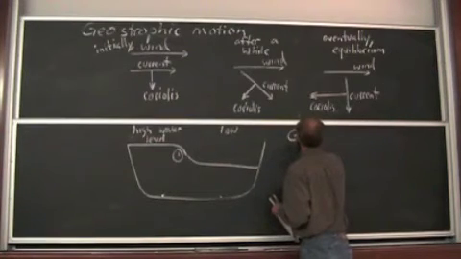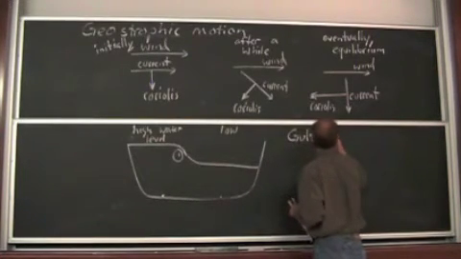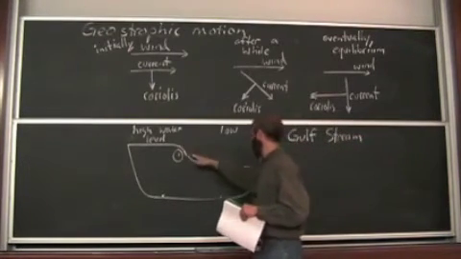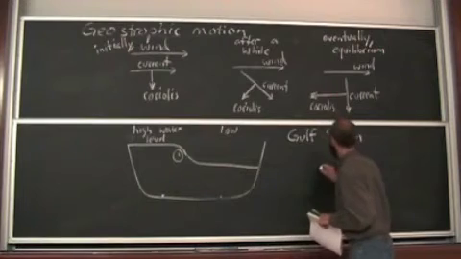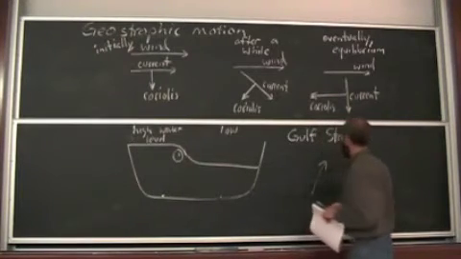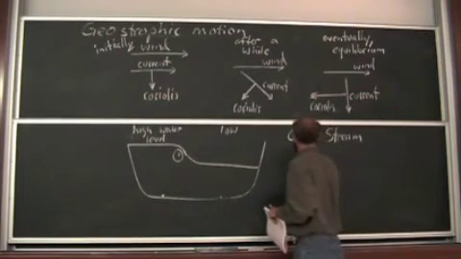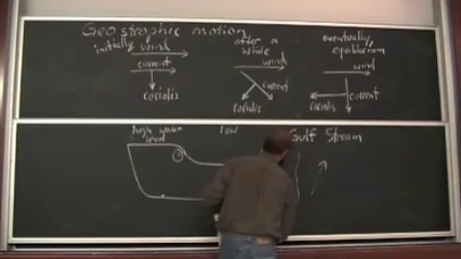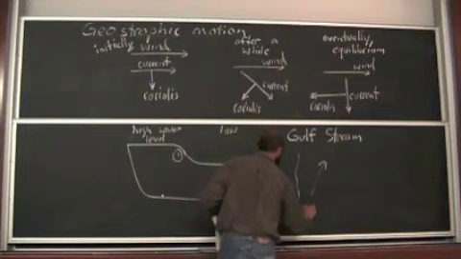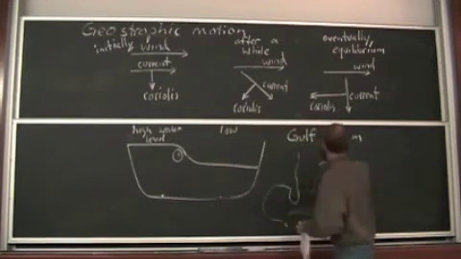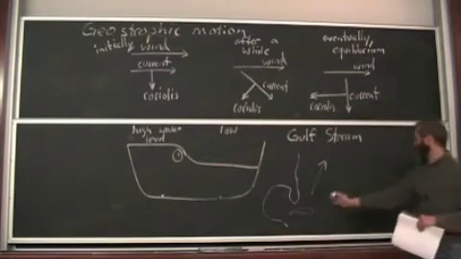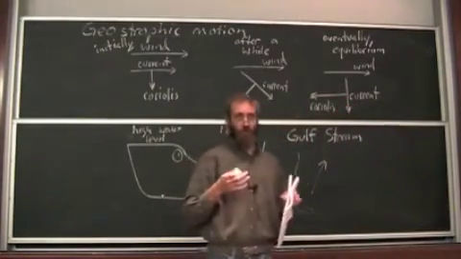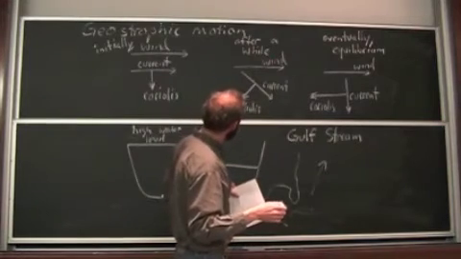But in the ocean, there are currents like the Gulf Stream. The Gulf Stream is flowing northward. So here's the US, there's Florida, Cuba, and the Gulf Stream is flowing along the coast and then northward toward Norway.